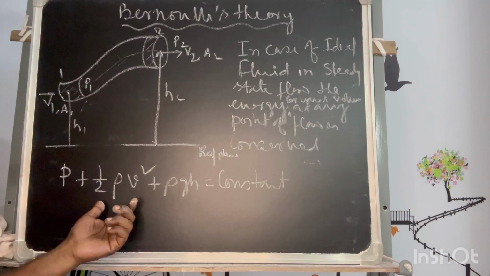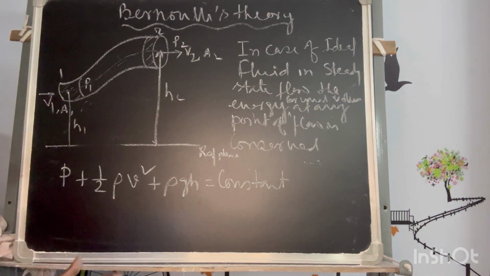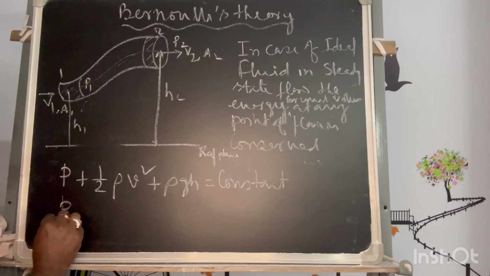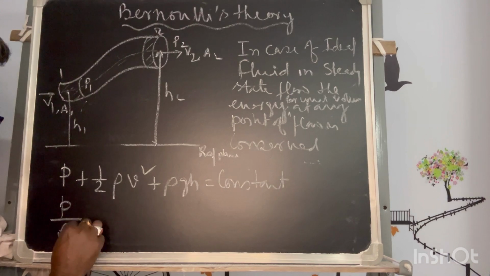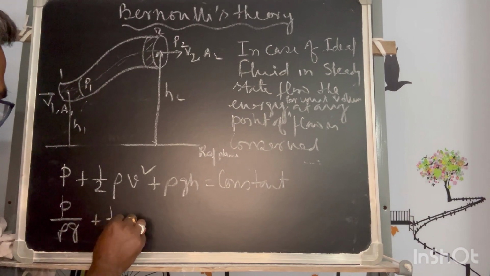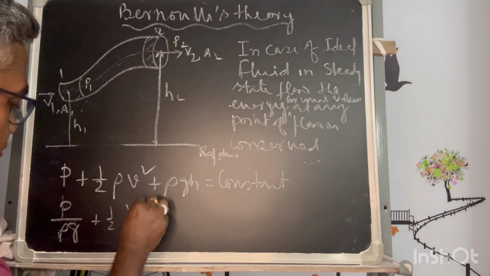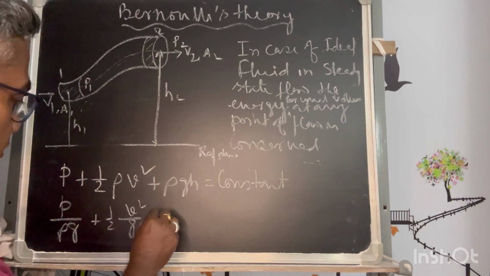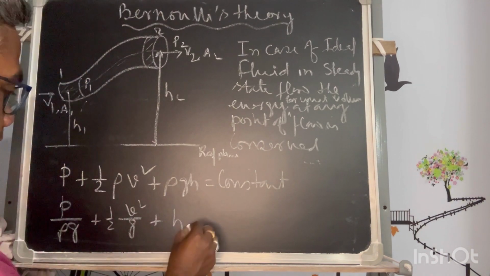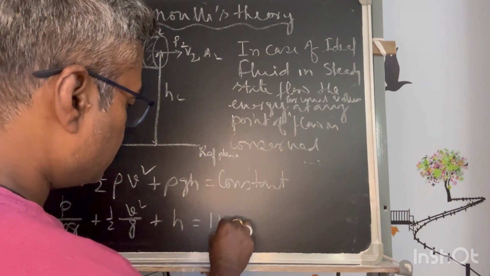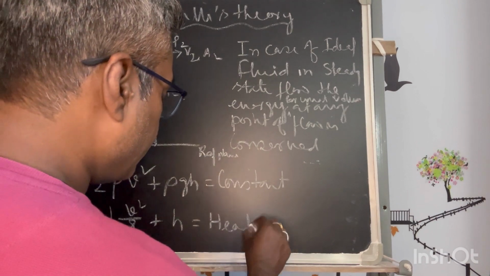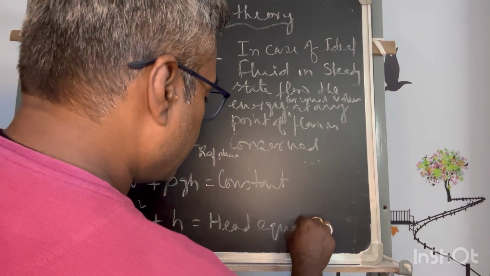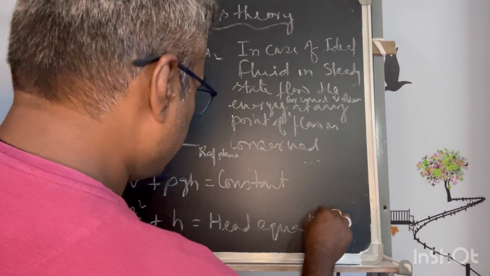Similarly, this will be converted accordingly. If I divide by rho g, it becomes P by rho g plus half rho g, where rho cancels out, v square by g, plus h, which is equal to the head equation, that means the energy head.